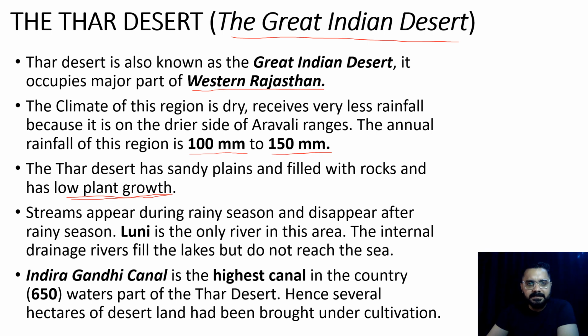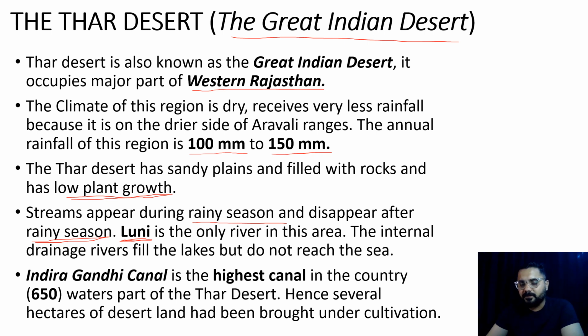Now, in this Thar Desert, you might have to remember an important river, because the Luni River is the only river that is flowing in this region. Most of the streams appear during the rainy season and disappear after the rainy season. So it is very clear that these rivers are not perennial rivers like Himalayan rivers.